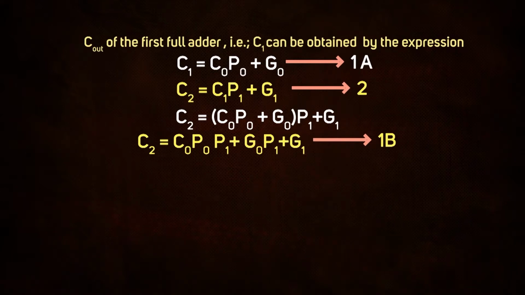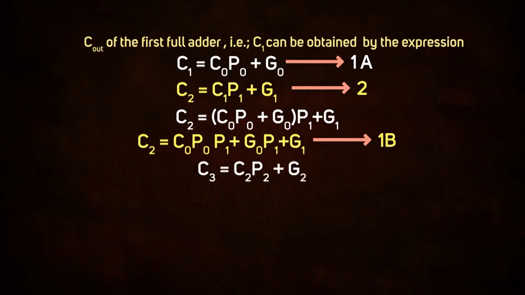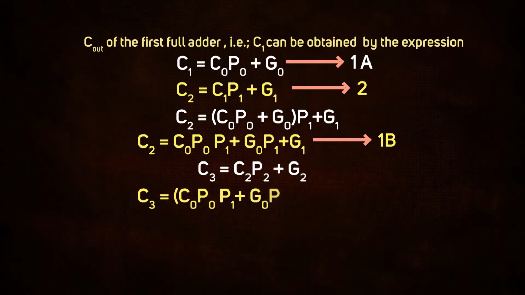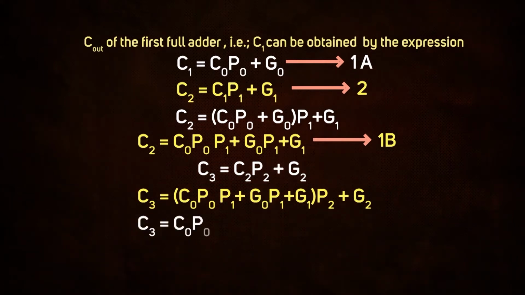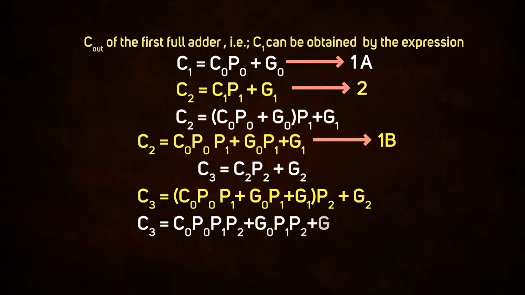Then for the third full adder, the equation for Cout is C3 equal to C2 P2 plus G2. Substitute for C2 and we obtain C3 equal to (C0 P0 P1 plus G0 P1 plus G1) dot P2 plus G2, and hence the expression becomes C3 equal to C0 P0 P1 P2 plus G0 P1 P2 plus G1 P2 plus G2.